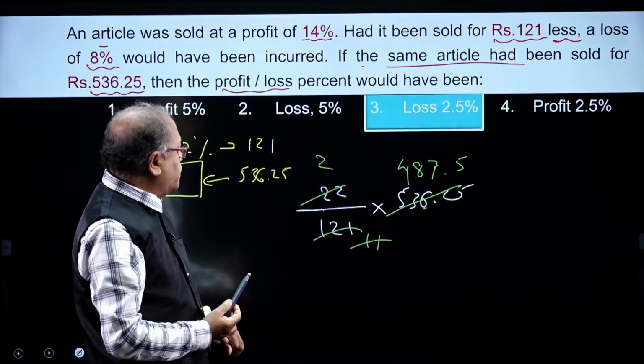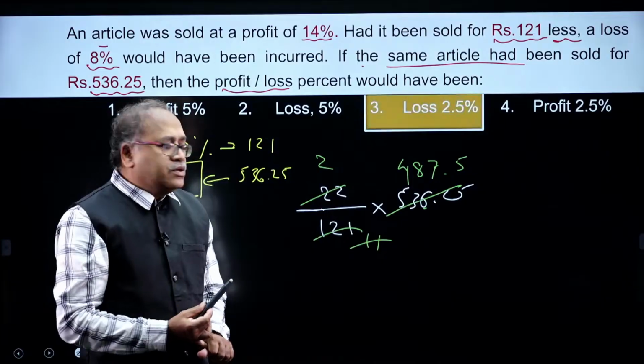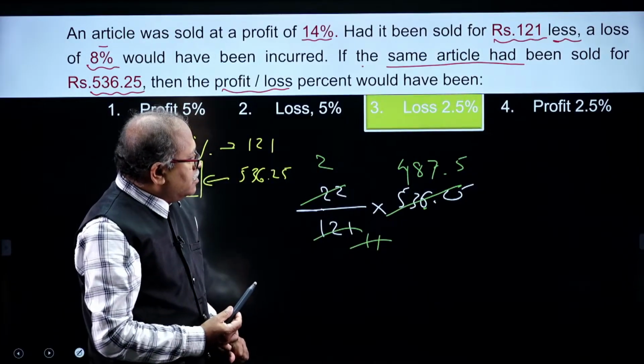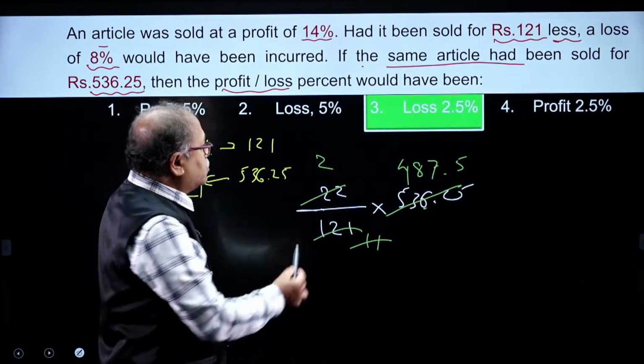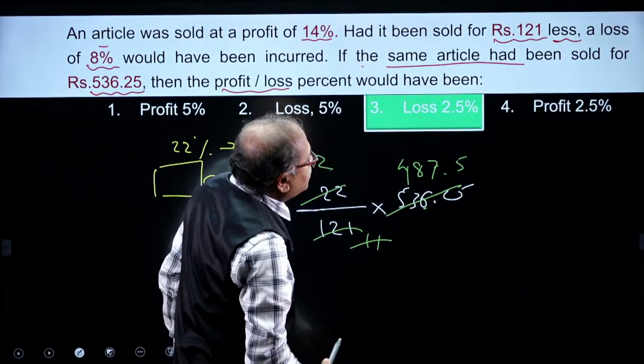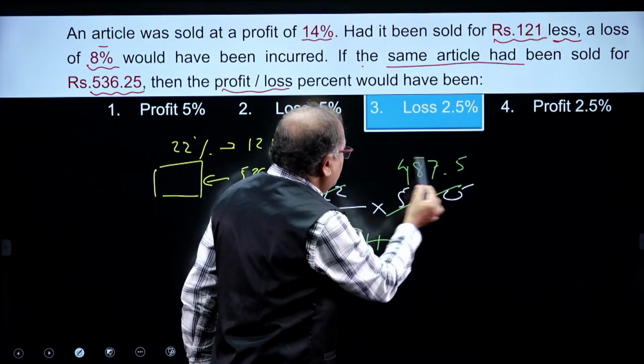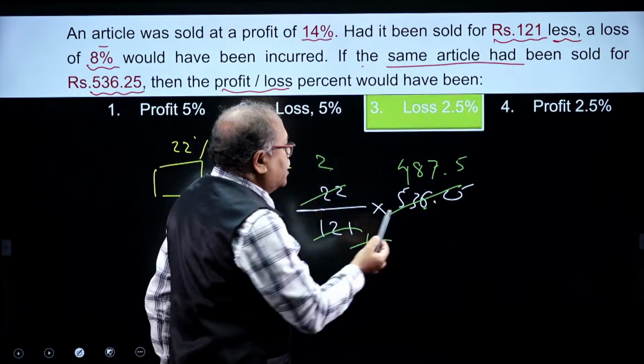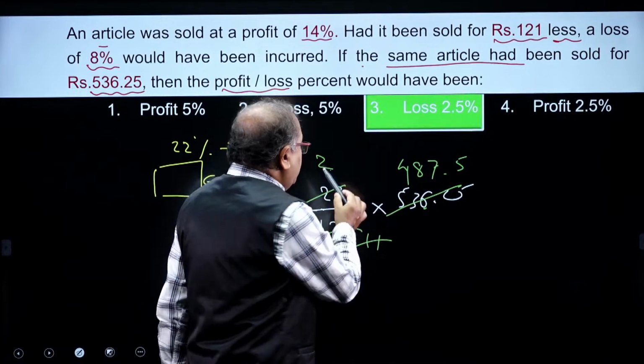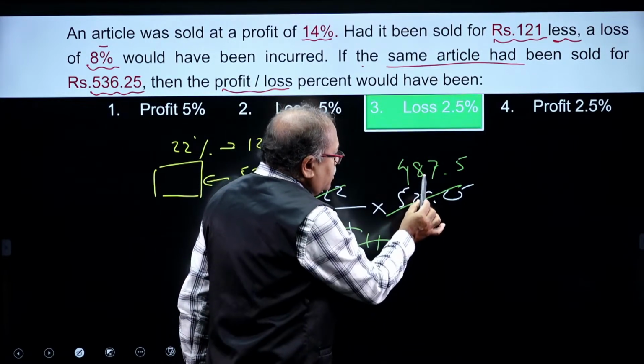So, am I making a mistake over here? I am getting this as 2.5. Okay, I got it. The decimal has to be over here.